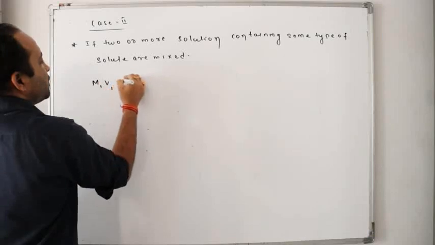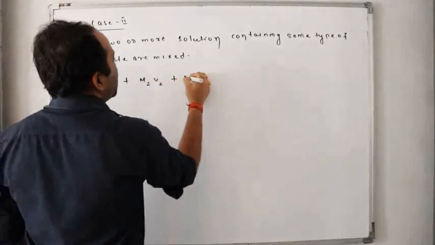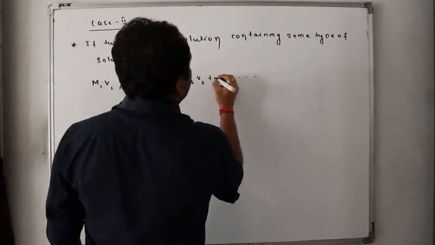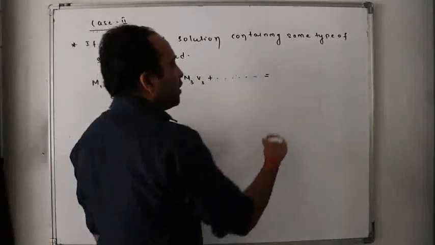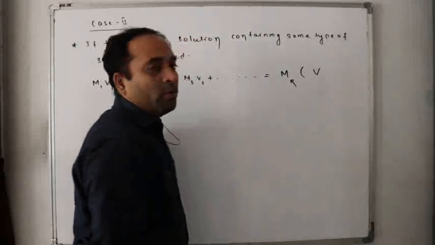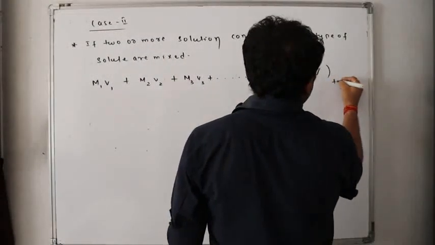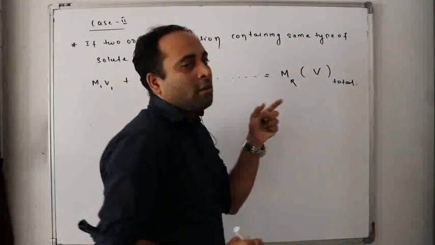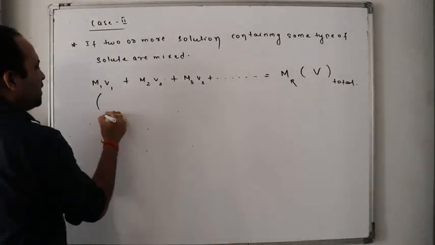If the solutions are M1 V1 added to M2 V2 added to M3 V3 and so on, what will be the final molarity, or I can say molarity of the resultant into volume. What is the volume? This volume is V total, meaning V1 plus V2 plus V3, whatever volumes I added up.